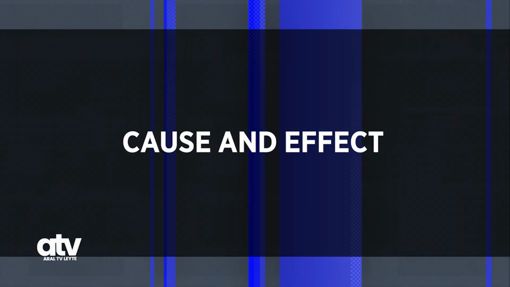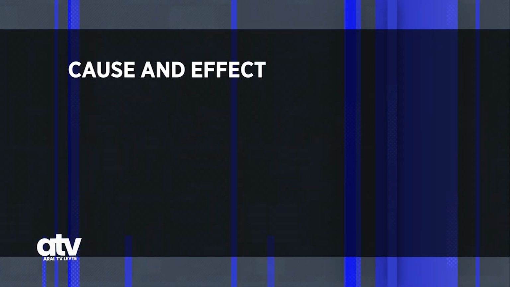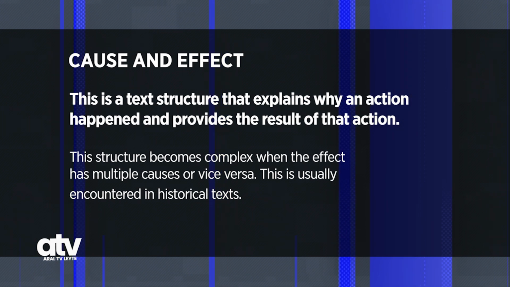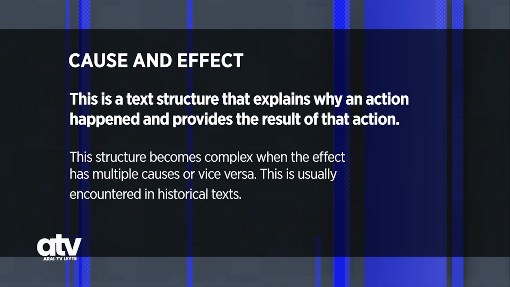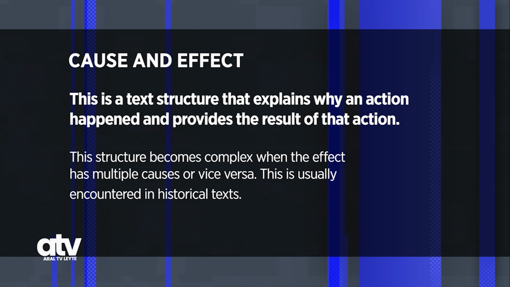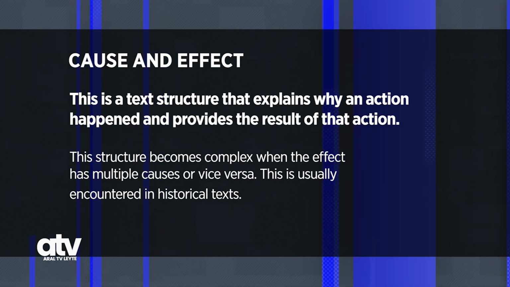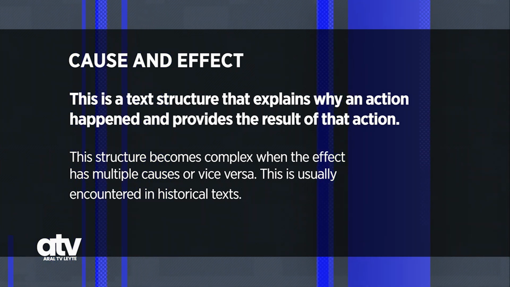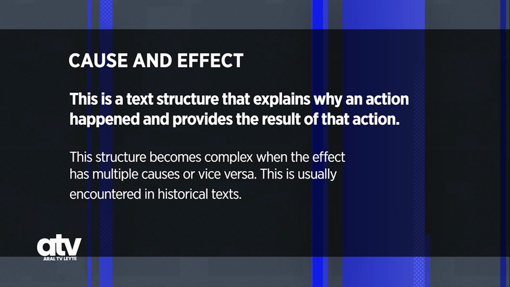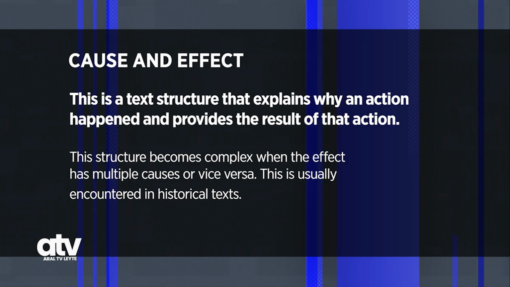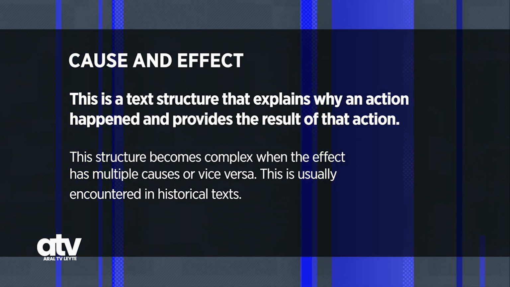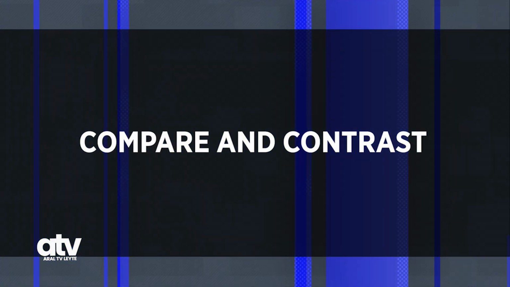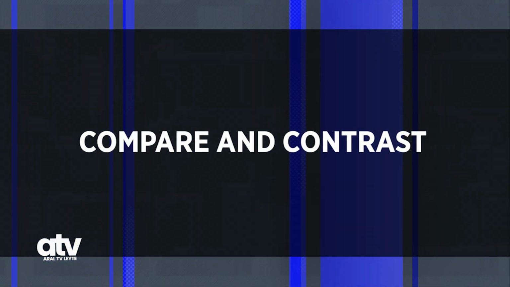Third is cause and effect. This is a text structure that explains why an action happened and provides the result of that action. This structure becomes complex when the effect has multiple causes or vice versa. This is usually encountered in historical texts. Then, fourth is compare and contrast.